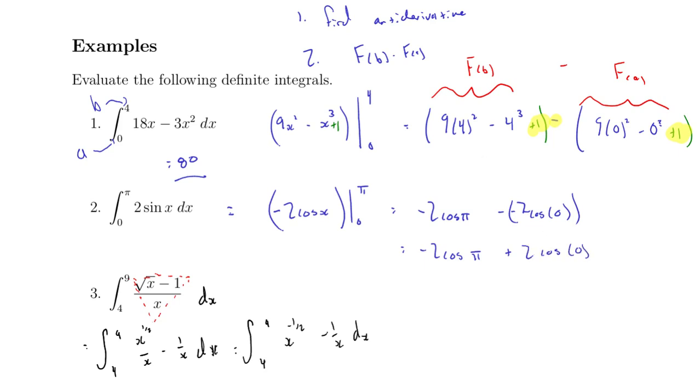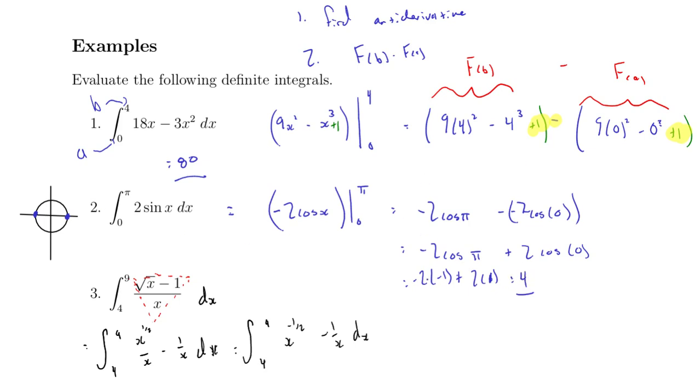If we need some help remembering those cosine values, you can draw a unit circle here. And remember, cosine is the x value. Cosine of pi is negative 1. So this is negative 2 times negative 1 plus 2 times 1, because cosine of 0 is the x value here, which is positive 1. So we have 2 plus 2, which is 4.